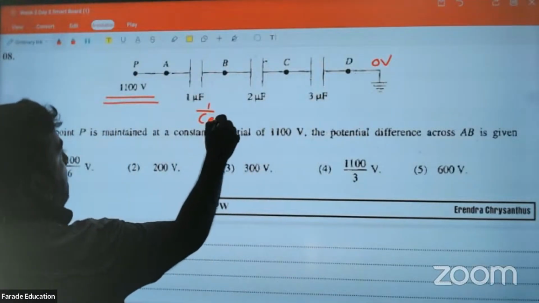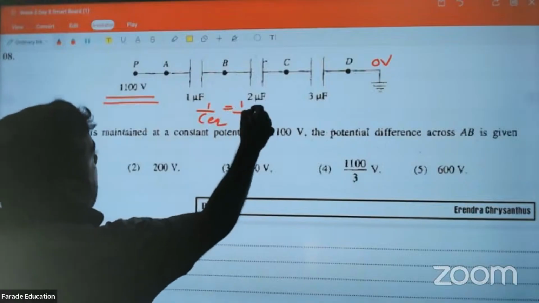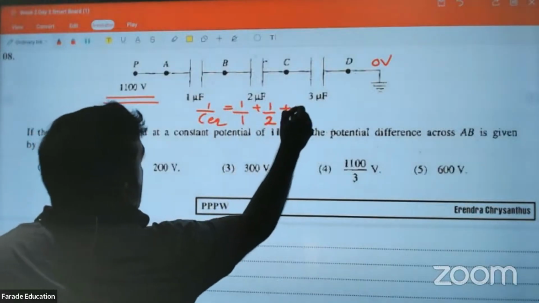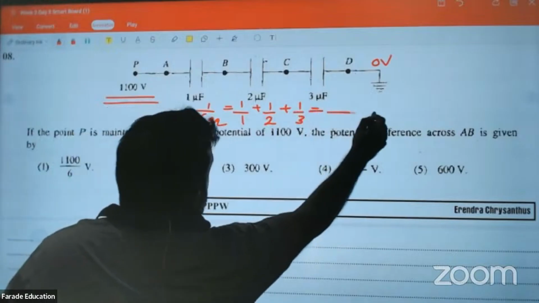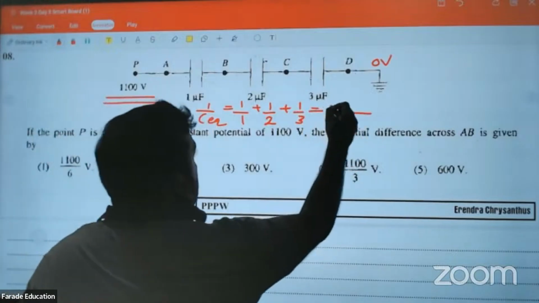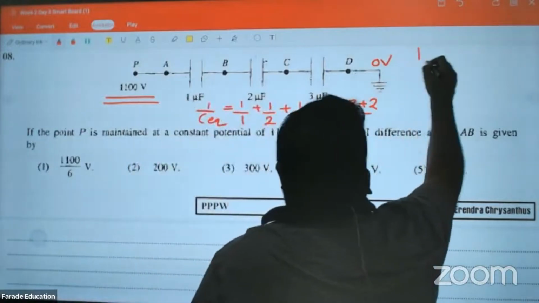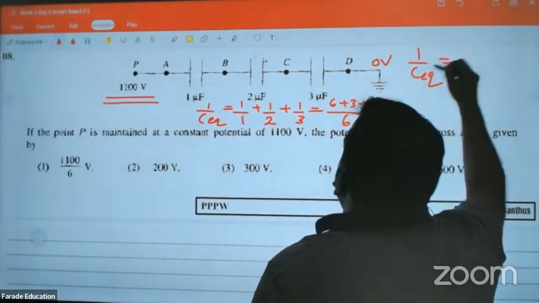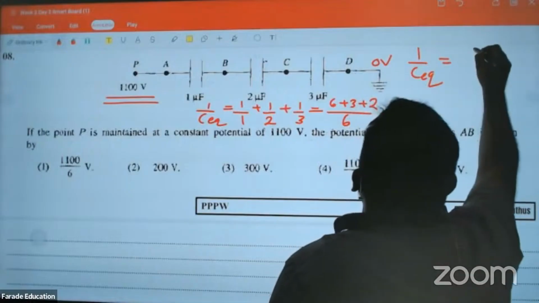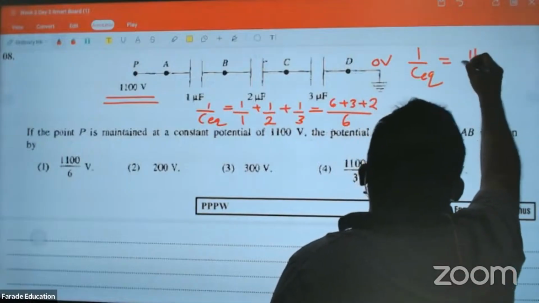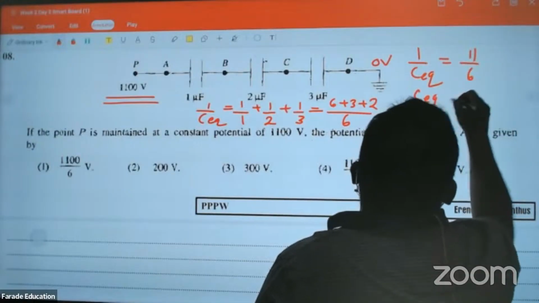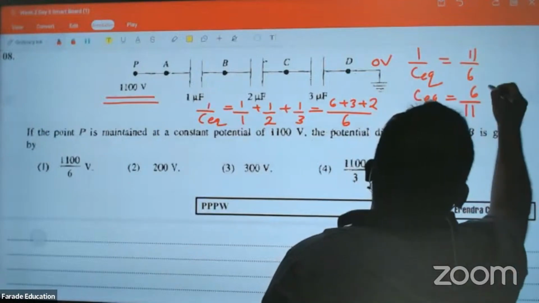Capacitors in series are like resistors in parallel. 1 over 1, 1 over 2, 1 over 3. Common denominator 6. 6 plus 3 plus 2. 1 over C equivalent is 11 divided by 6. Turn it. C equivalent is 6 divided by 11 microfarad.